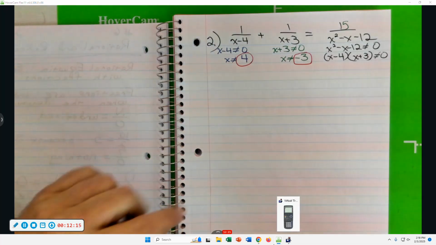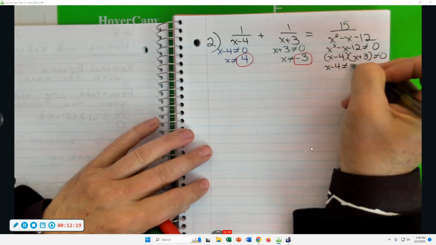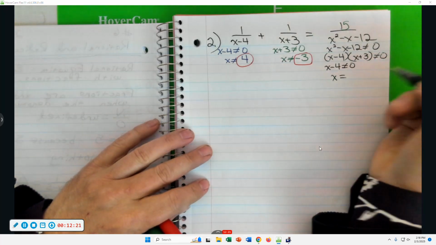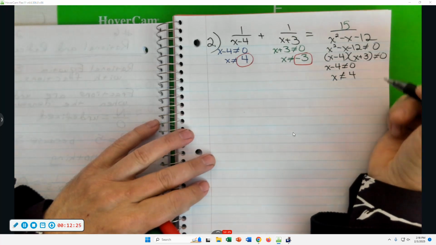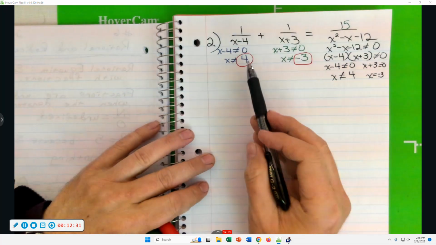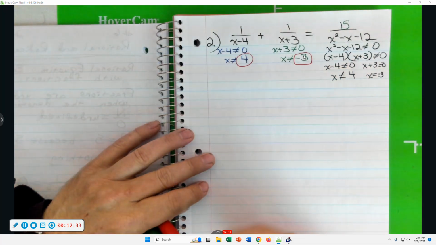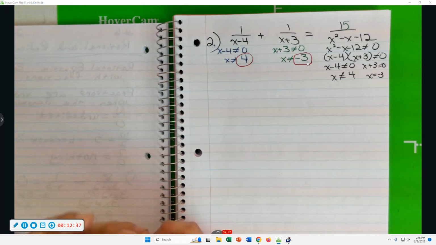Set each factor equal to 0. Hey, are we even going to get... Wait a minute. How many answers are we going to have here? 2 or 4? Haven't we already got these numbers? Our answers, the numbers that x cannot possibly be equal to, are 4 and negative 3.